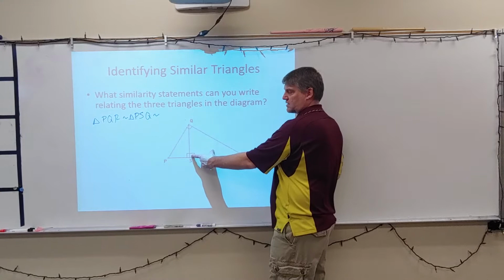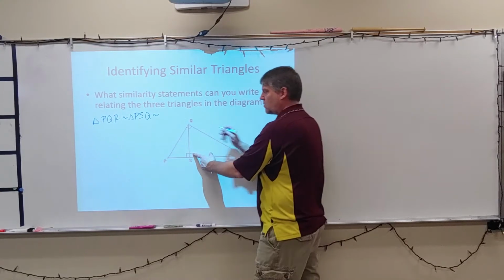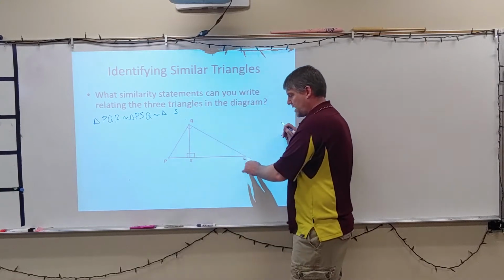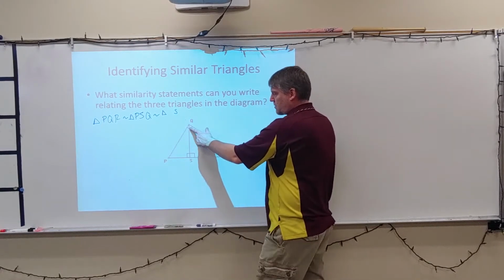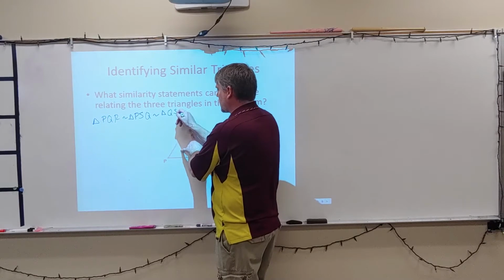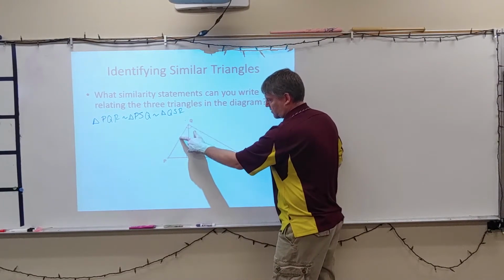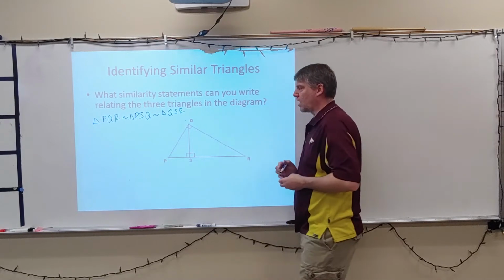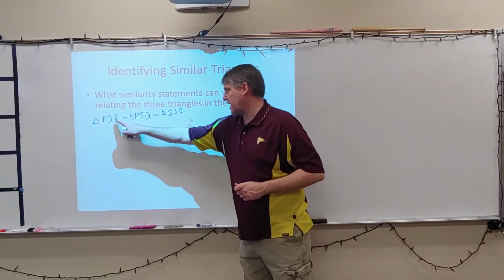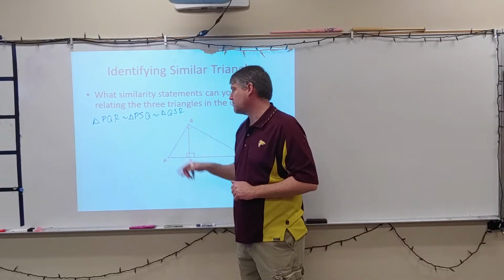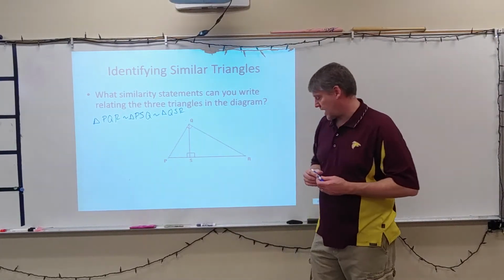Now this is where it gets a little bit trickier. I know that S has to be in the middle, okay? And if we look here, I'm going to go Q, S, R. So this little sliver matches up with here. So this angle here is going to match up with R. So we should have R on the ends. So if I look at my first one and my last one, I have R on the ends here. So that would help you match those up.